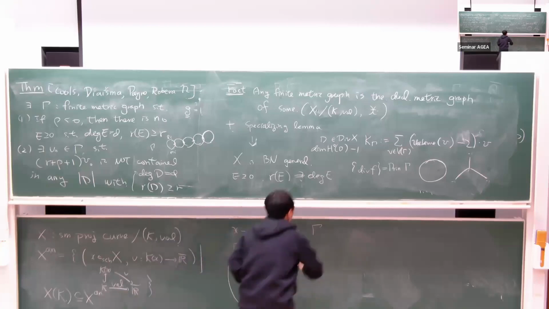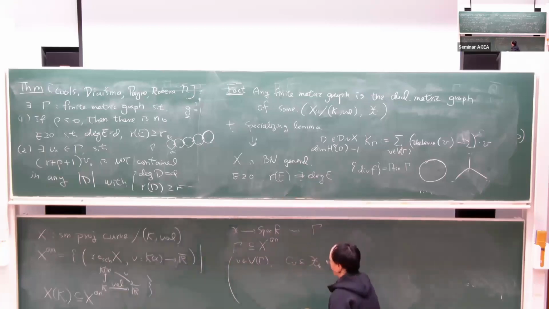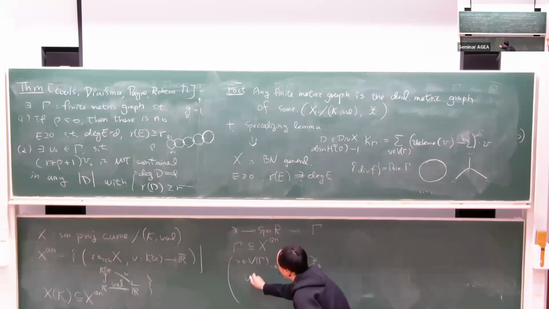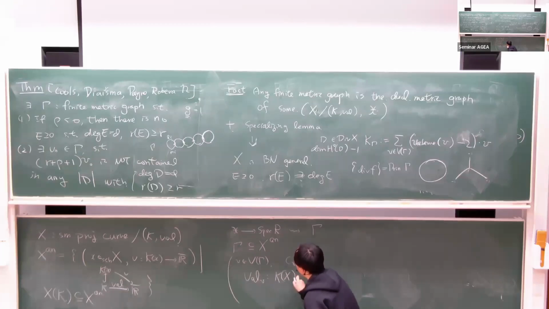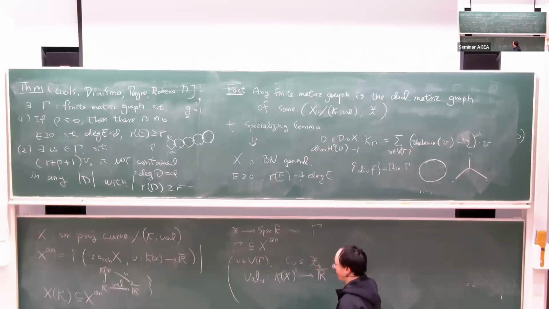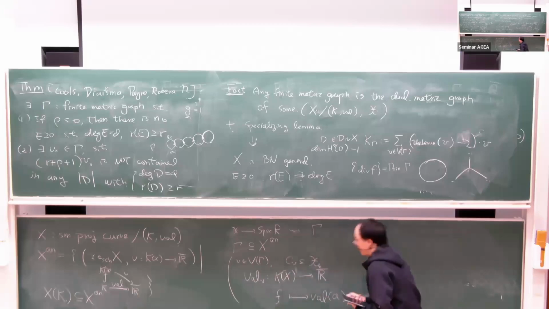So you want to define a valuation from the function field of X to R bar. You can define it in the following way. If you have a rational function f on the curve X, then you send this to the valuation of some element a, such that a satisfies the following.